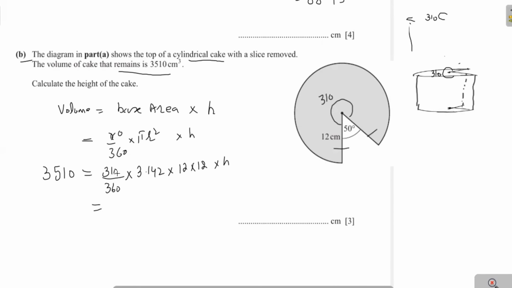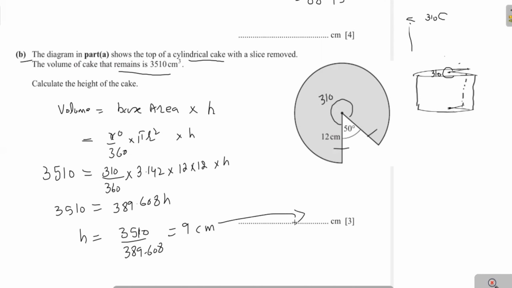Now when we multiply 310 by 3.142 multiplied by 144 divided by 360, the answer will be equal to 389.608. So 389.608 H equal to 3510. Now H will be equal to 3510 divided by 389.608, and this value is equal to 9 centimeter. This is the height of the cake.